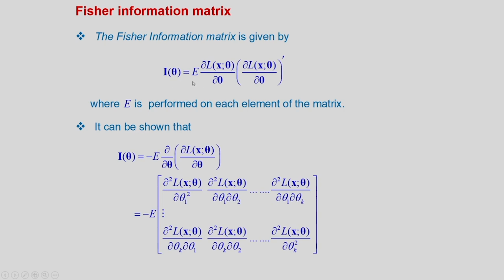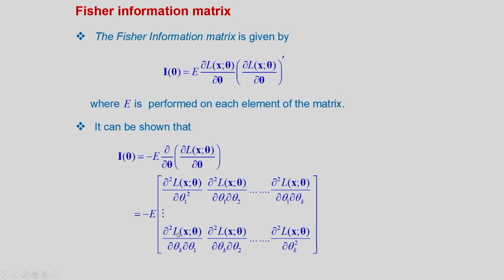So, this is the Fisher information matrix, and it can also be shown that I theta is equal to minus expectation of del del theta of the del L del theta vector. So, that way this will become a matrix now, and that matrix is given by minus expectation of del 2 L del theta 1 square, del 2 L del theta 1 del theta 2, del 2 L del theta 1 del theta k, like that.